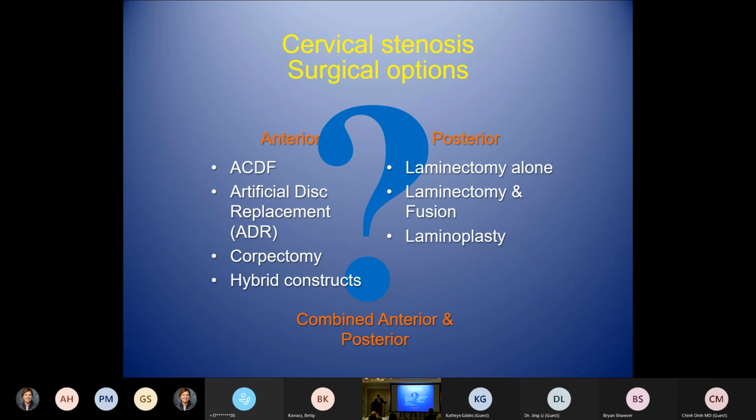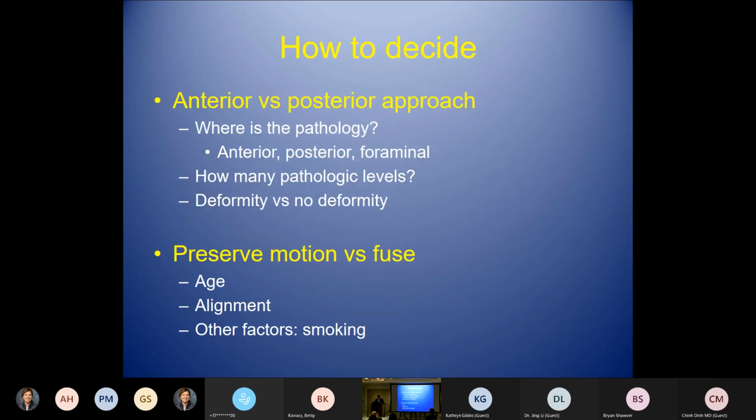And so there's anterior options, there's posterior options, and there's combined anterior and posterior options in terms of treating pathology. And this occasionally becomes necessary in people who have many, many levels of problems that all need to be addressed, especially with the fusion, which I'll show you an example of later on.